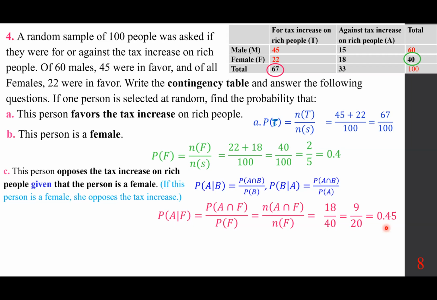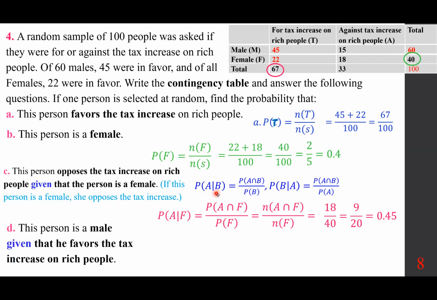Conditional probability, probability of A given B. This person is a male, given that he favors the tax increase on rich people. So what comes after given?